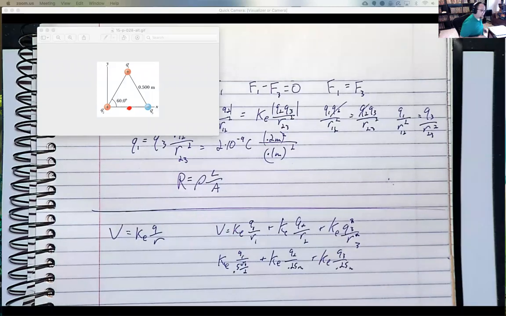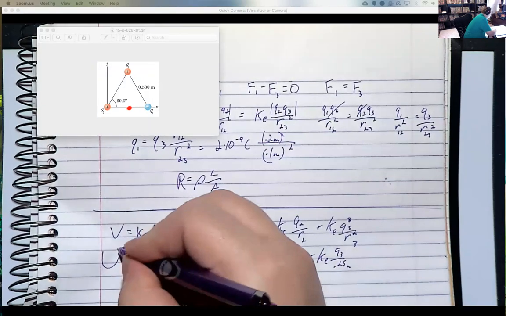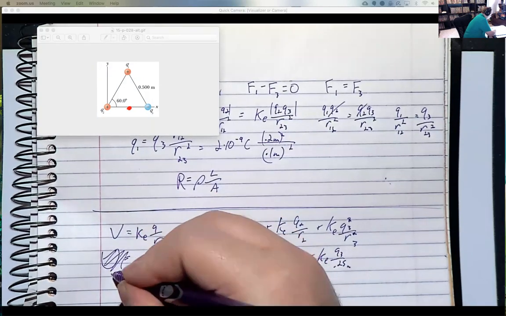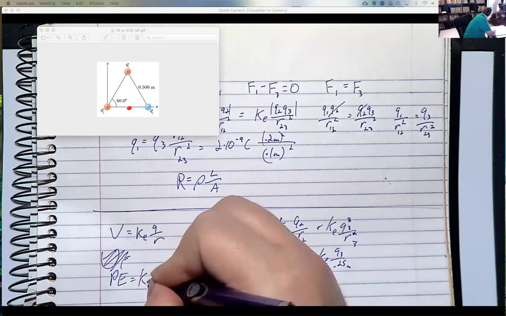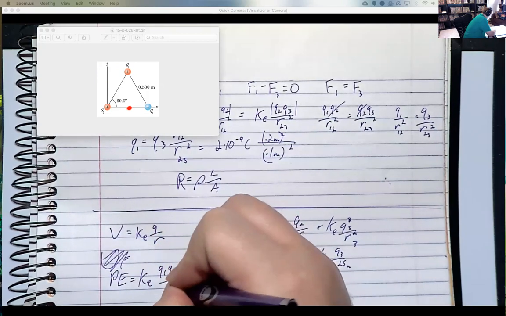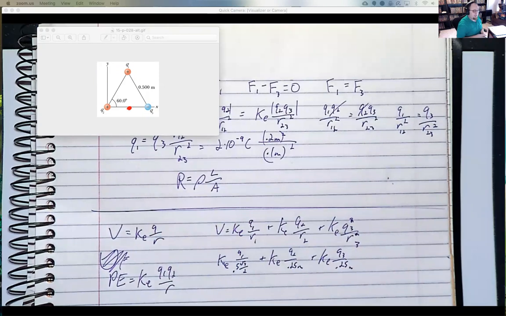If I ask for potential energy, it is KEQ1Q2 over R. Same thing, include any negative signs. Say there is another particle right here.